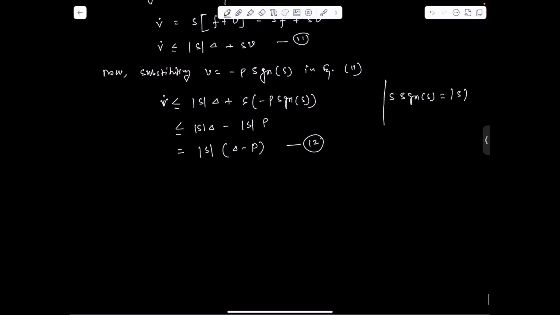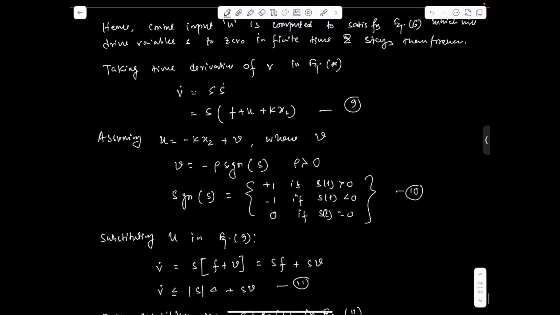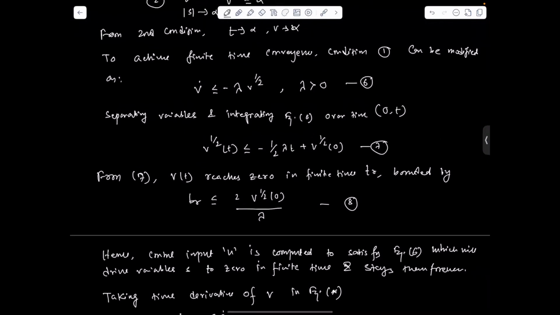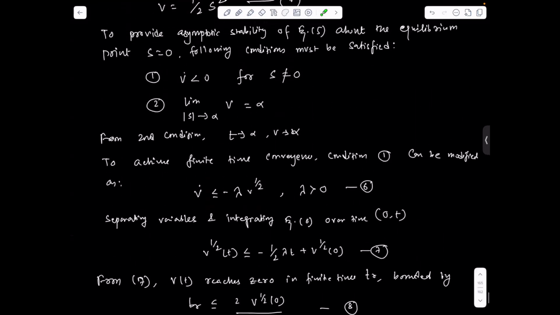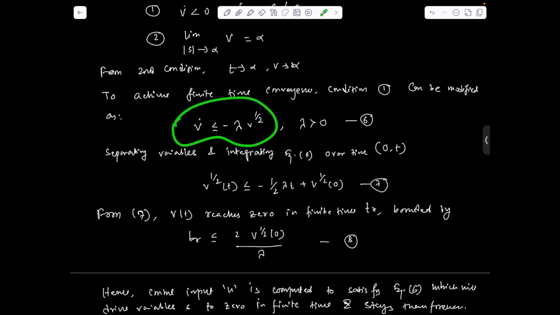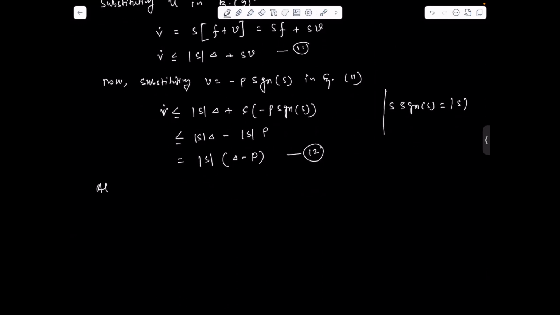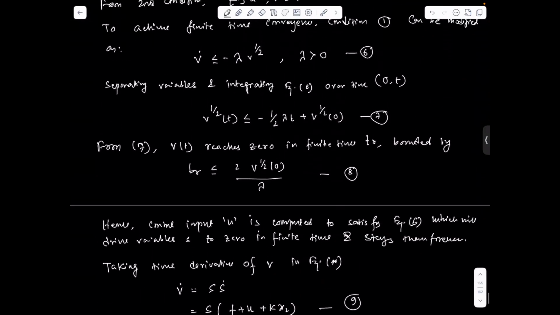Now, we also already have the expression in equation 6, the structure of V dot for the finite time convergence. This is the expression we have for the standard conditions, obtained for finite time convergence for any s.